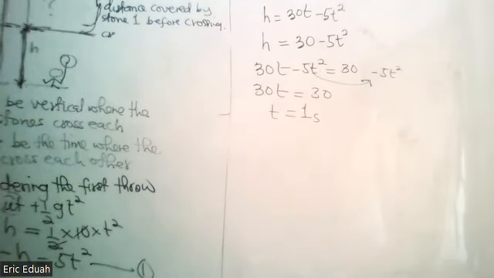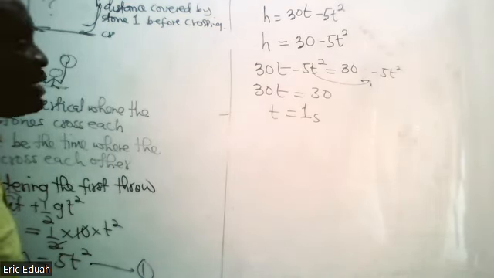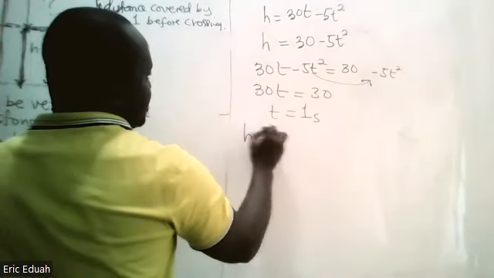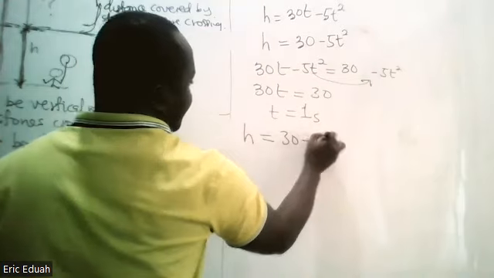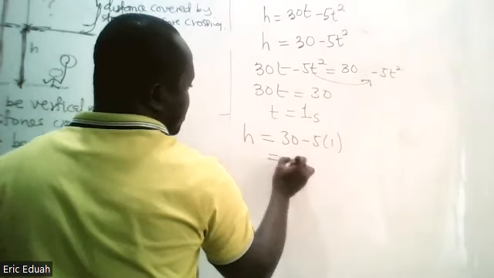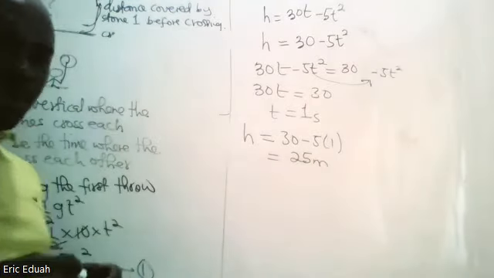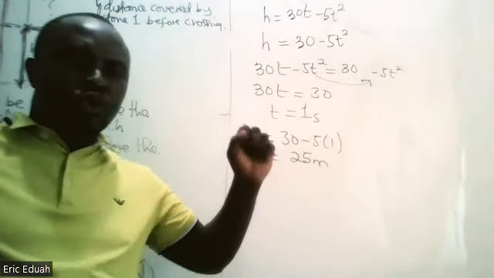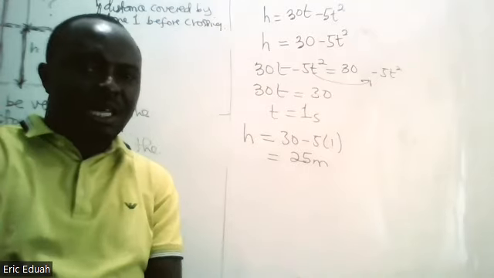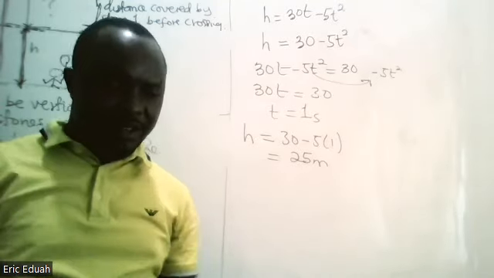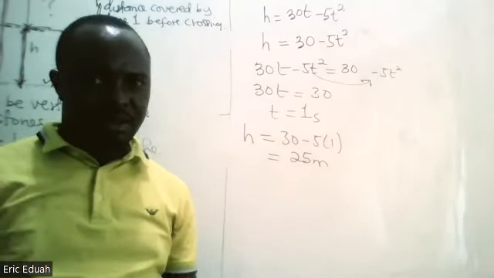Once T is equal to 1 second, using any of the equations, you can find H. So H becomes 30 minus 5 by 1 to be equal to 25 meters. What it means is that the two stones will cross each other at the 25th meter.